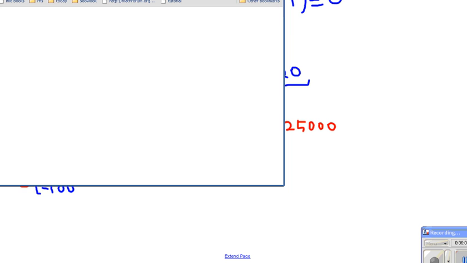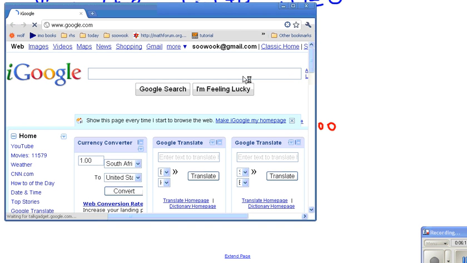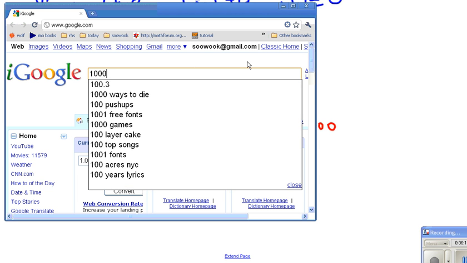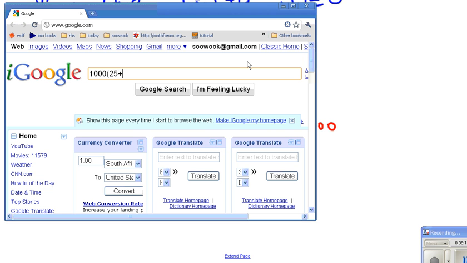Since I don't have a calculator, I'm just going to go to my browser. I'm just going to calculate 1000 times 25 plus 20 divided by e.